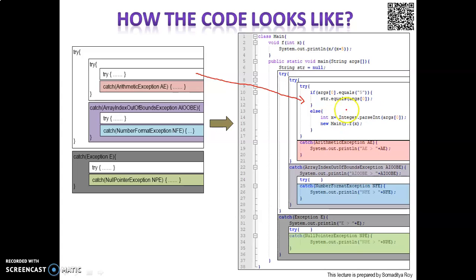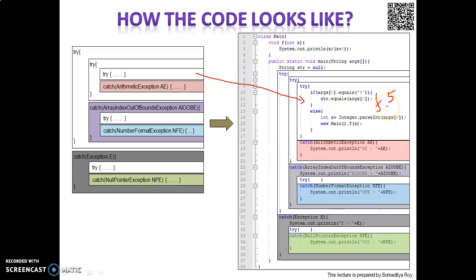And first it will convert the value to int. Now here is another chance of exceptions. If we send f instead of 5 or 6, then there will be an exception, that is the number format exception.